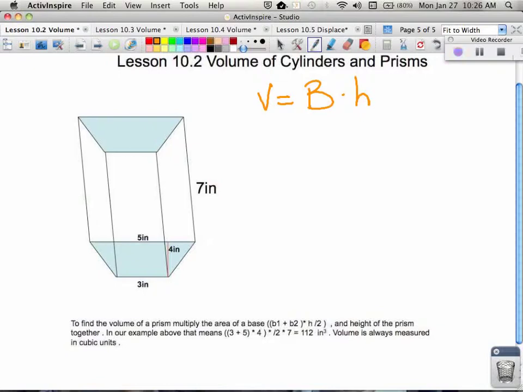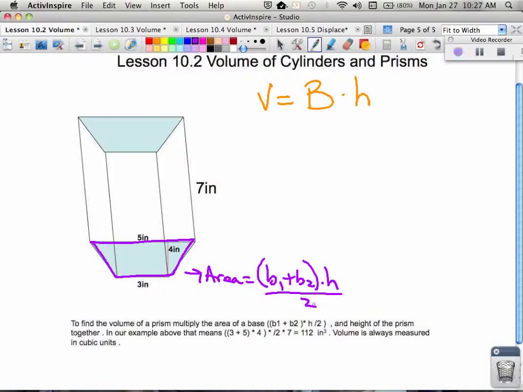So if I look into my prism here, and I notice that this prism is the one that's outlined in purple, and I want to find the area of this thing, the formula for the area of a trapezoid was base 1 plus base 2, add those two things together, times the height of the trapezoid, not the prism, and then chop that in half.